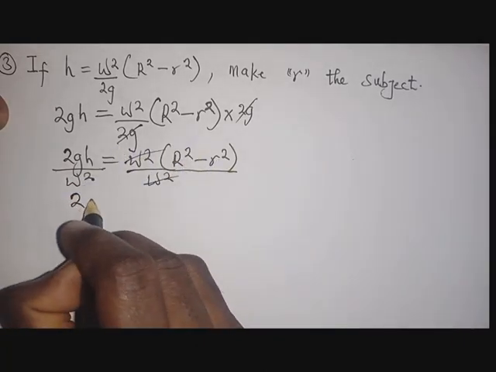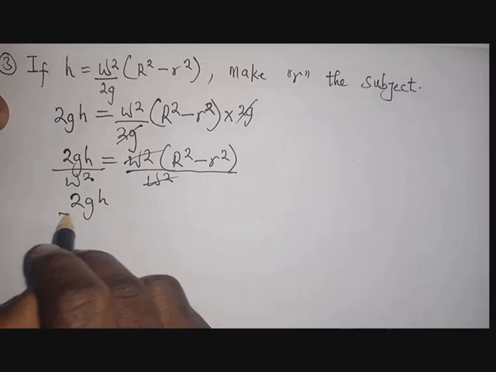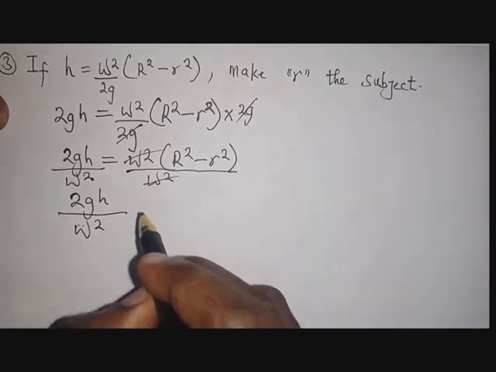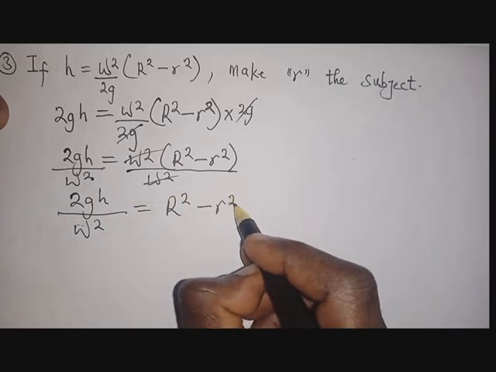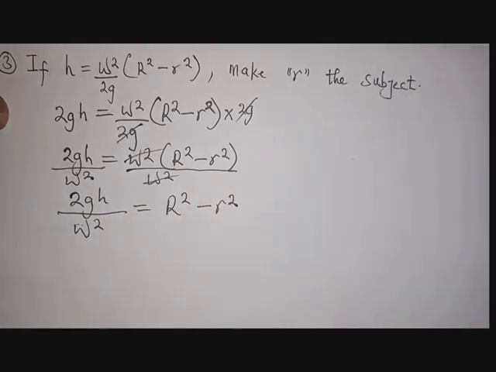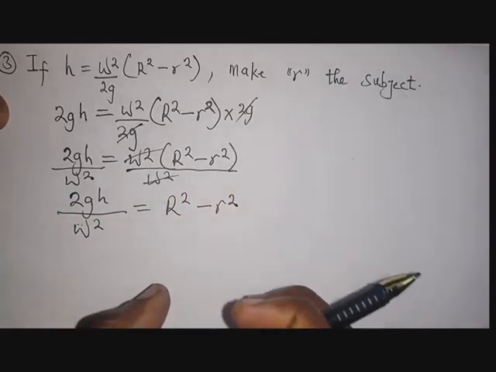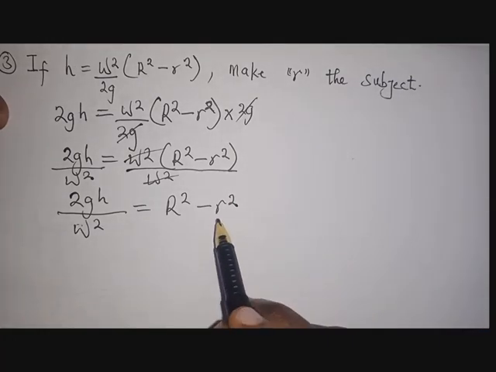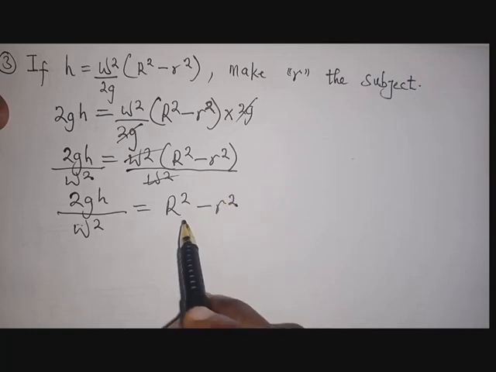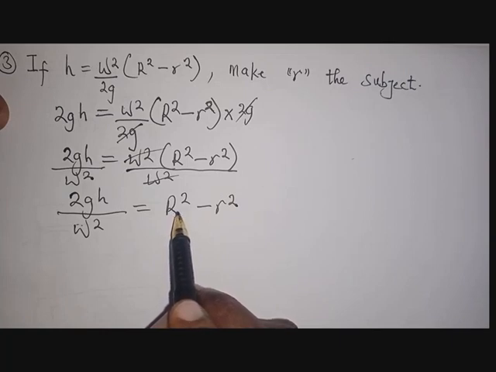So I'm going to be left with 2gh over w squared equals R squared minus r squared. Now, see our equation is gradually reducing. Remember, we said we want to make r the subject of the formula. Now I need to take off capital R squared away from this. And look at it now.